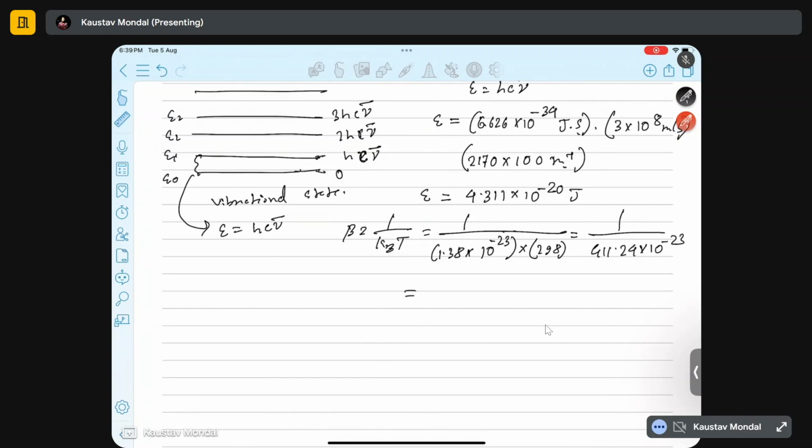Now, if we do the inverse of this number, to the power minus 23.